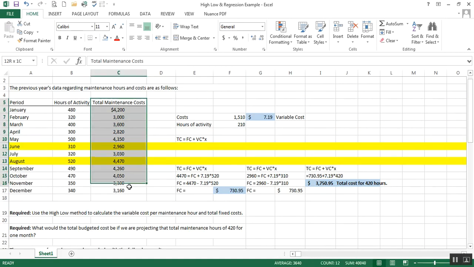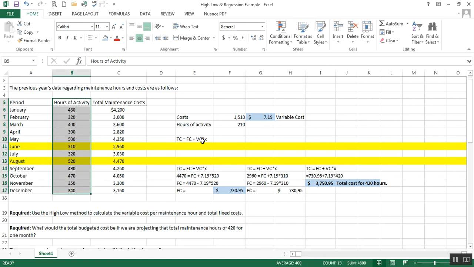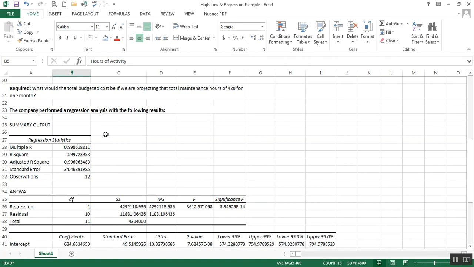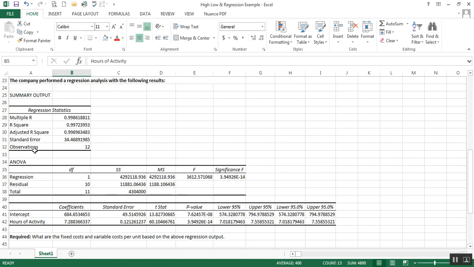Remember that your Y is your total cost, and your X is the level of production, in this case, hours of activity. The total cost is dependent on the hours of activity, so the hours of activity is the independent variable, and the maintenance cost is the dependent variable. The regression model looks at all this information, and then it gives you this output.